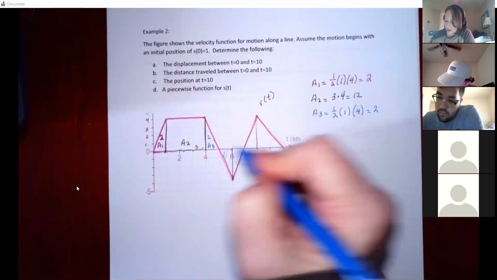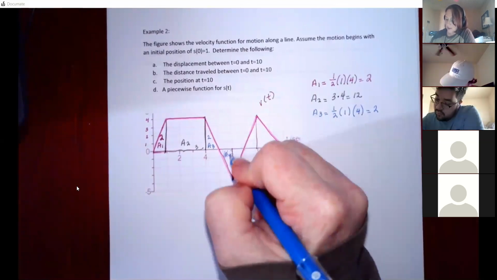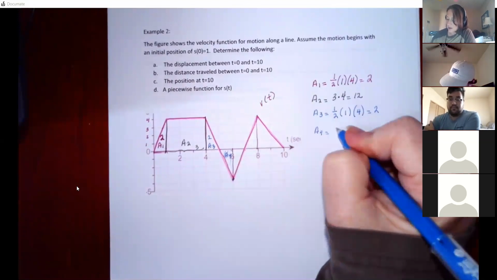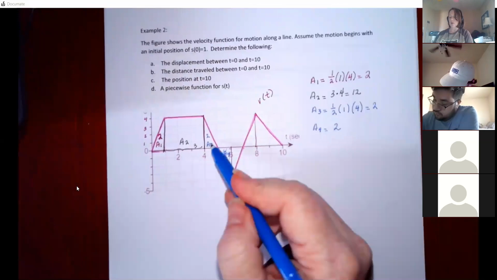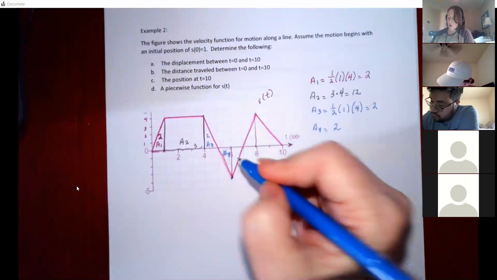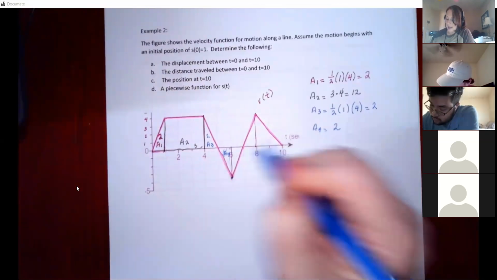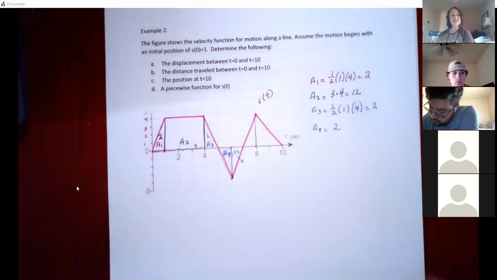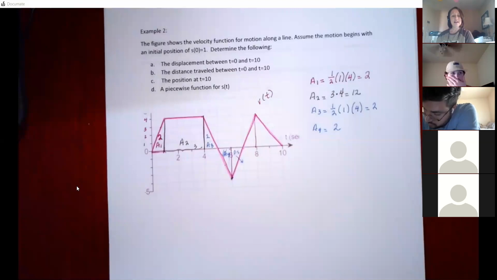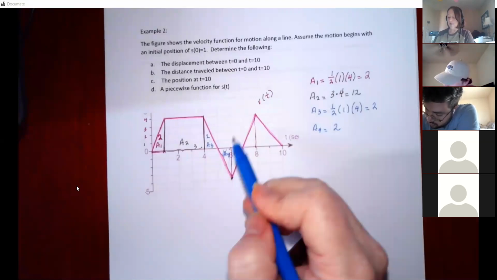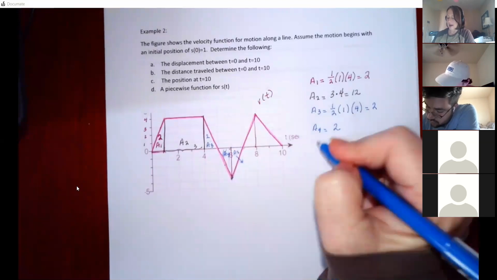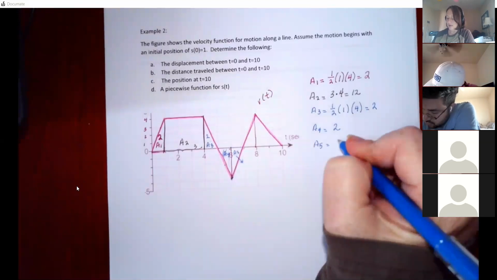So A3 and A4 are going to be the same size. It's just that one of them's up here, one of them's down here. What about A5? It's the same, isn't it? It's still 1 unit wide and 4 units tall for the triangle. So A5 would also have an area of 2.